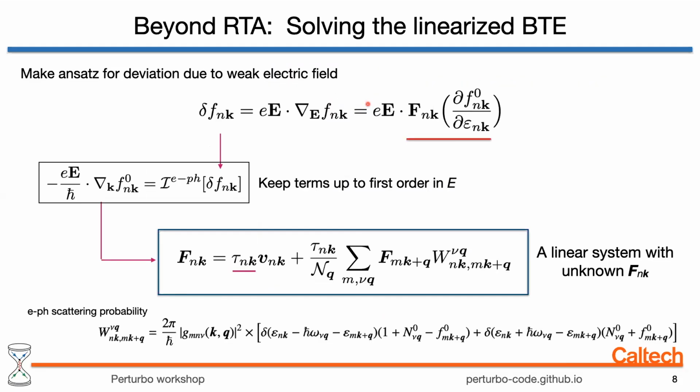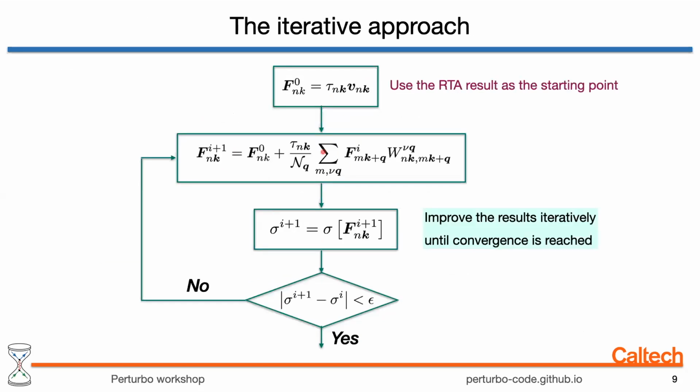And so going back to this expression, you can see that actually, if you were to ignore the second term, you would actually just end up back at the RTA approximation for the delta F. And so this is what we take to be our first guess at this unknown capital F.